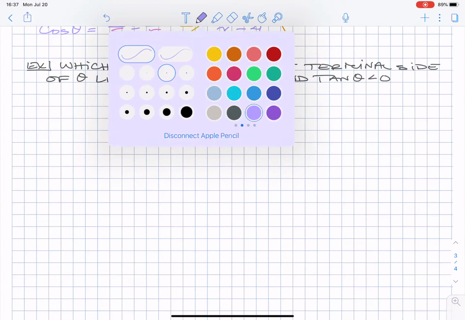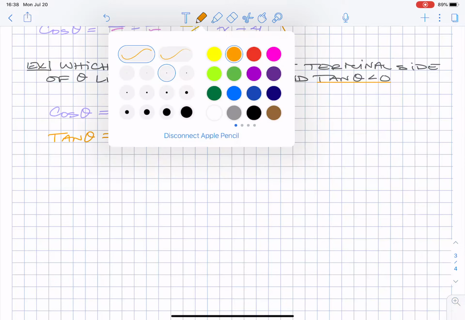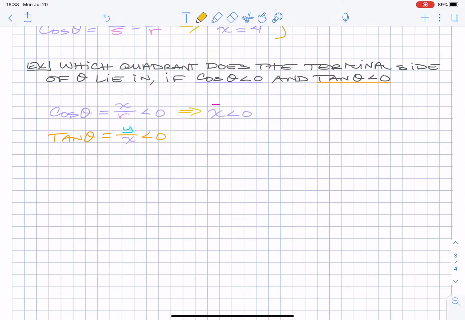And we have that that is also less than 0. But since x is less than 0, y has to be positive, because two negatives would make a positive. So y must be larger than 0, because we have x being less than 0 up there. So that means that y is positive.